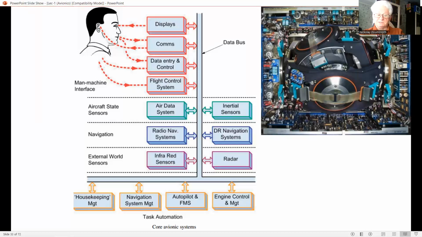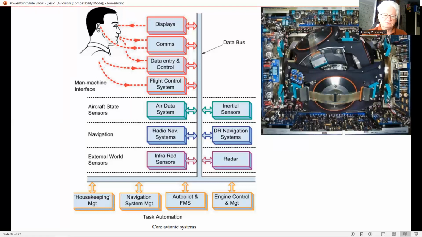The inertial sensor systems provide the information on aircraft attitude and the direction in which it is heading, which is essential information for the pilot in executing a manoeuvre or flying in conditions of poor visibility, flying in clouds or at night.